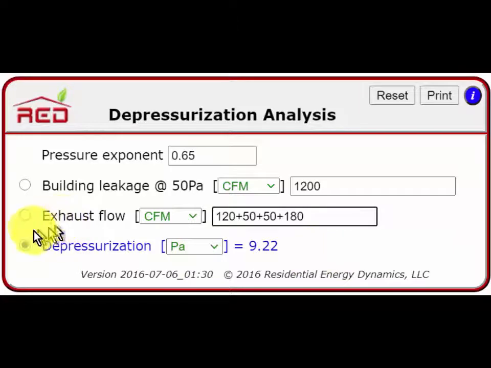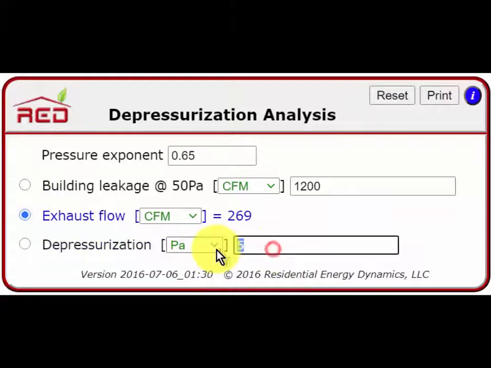Let's just see what happens if I put 25 in here. Click outside of the box. You can see it will easily handle the 400 CFM that is being extracted from the house by exhaust appliances.